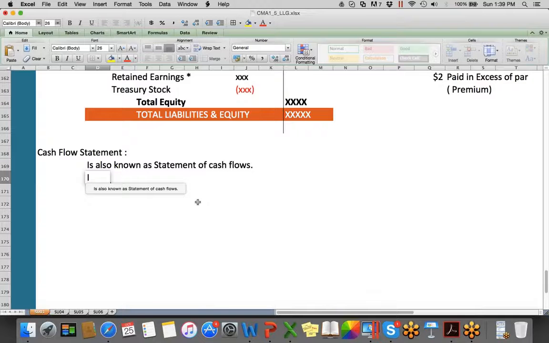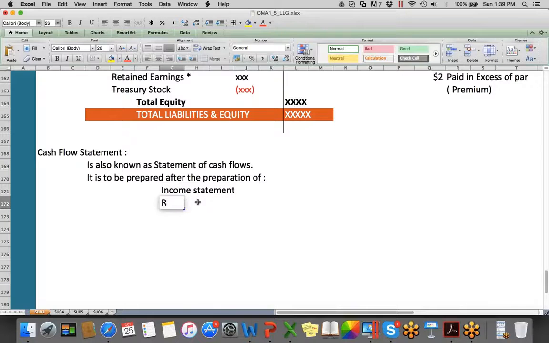The statement is to be prepared actually after the preparation of all other statements. It is to be prepared after the preparation of income statement, retained earnings statement, and statement of financial position.